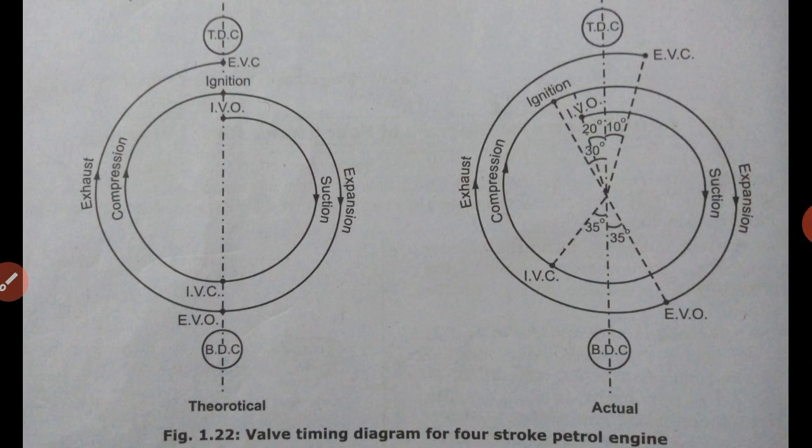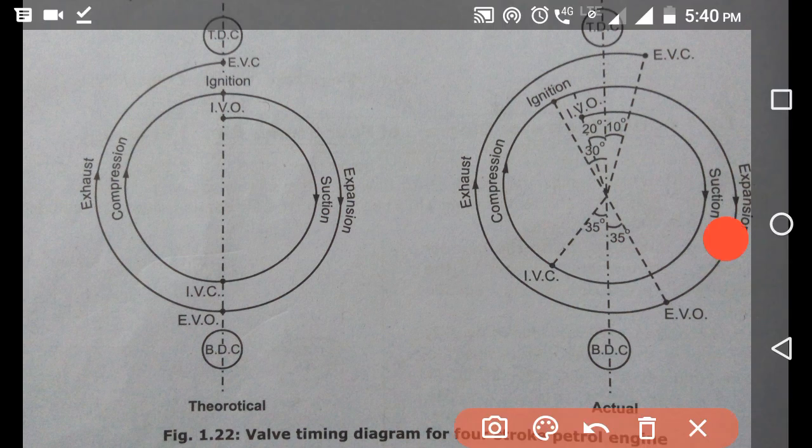So here you are viewing the valve timing diagram for a 4-stroke petrol engine, and all the opening and closing of the valves we are representing in terms of angular movement of the crank. So this is the theoretical valve timing diagram for the petrol engine, and this is the actual valve timing diagram for the petrol engine.